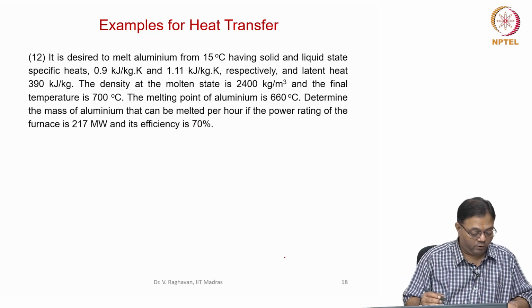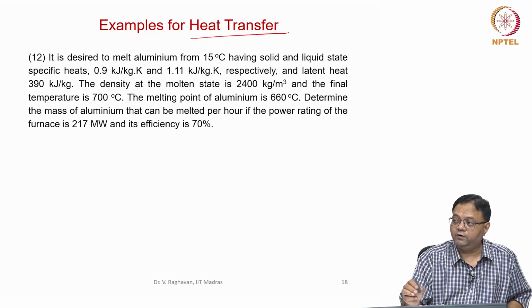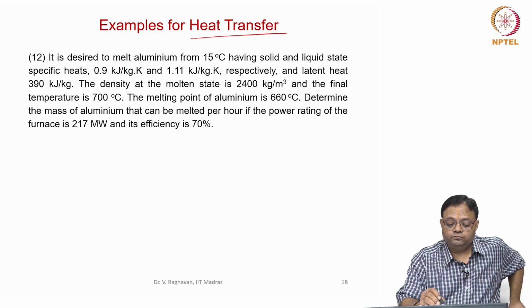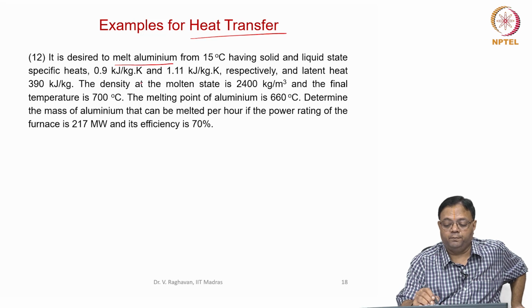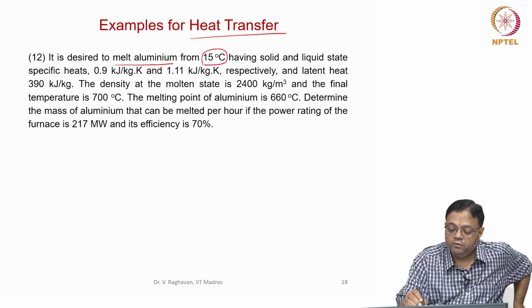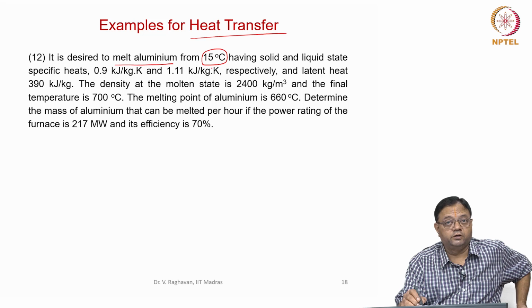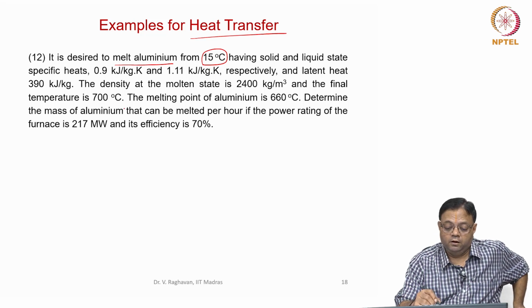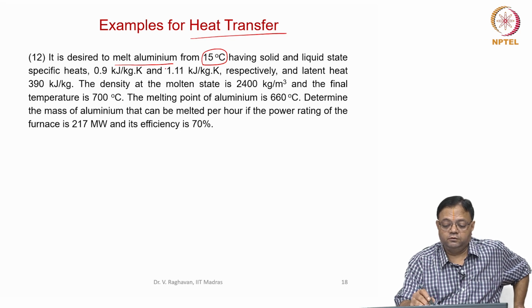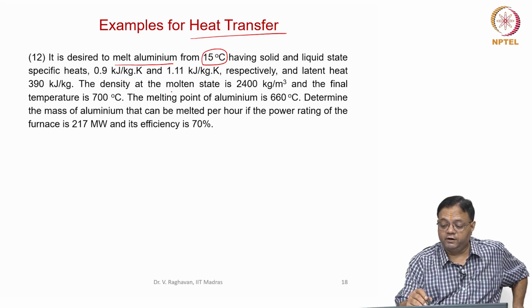So, this is the last problem, again on heat transfer. Here it is desired to melt aluminum from an initial temperature of 15 degrees centigrade. Now, this is first of all solid at 15 degrees centigrade.